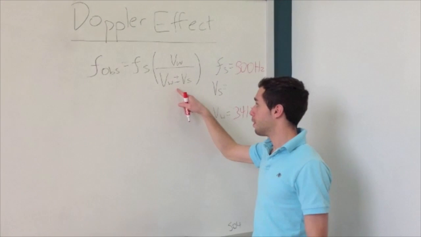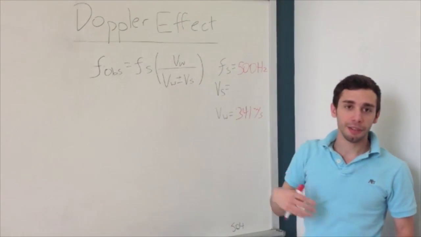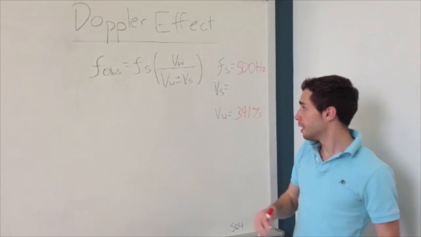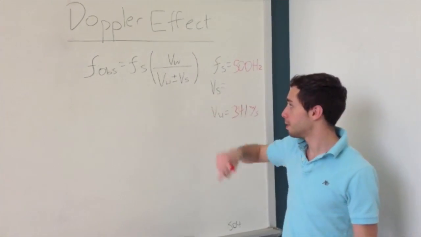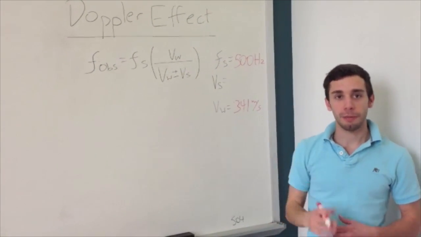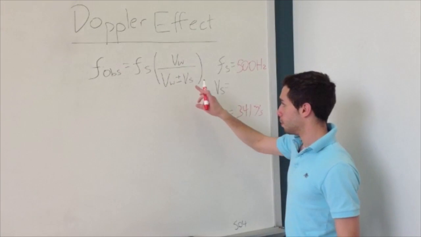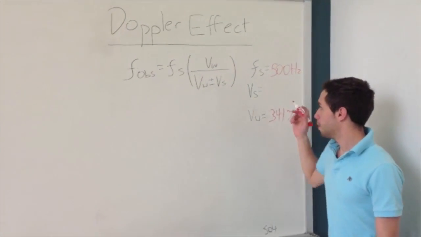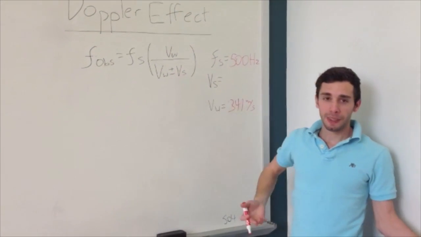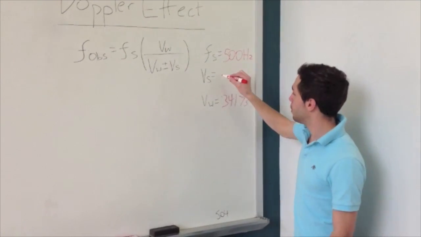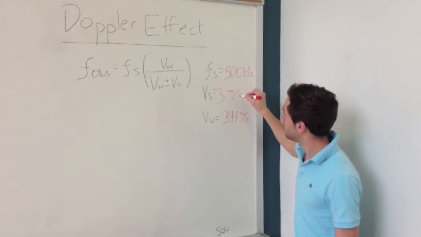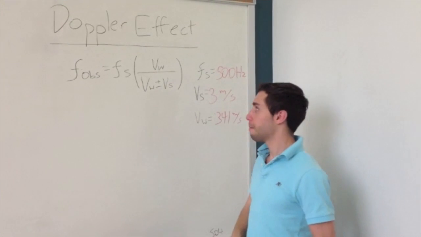Now, if the source is coming at you, you're going to use minus. If the source is going away from you, you use plus. So we're going to do it for the source coming towards us. So we're going to do minus, and the speed of the source, let's say I was running at 3 meters per second, which is not very fast at all.